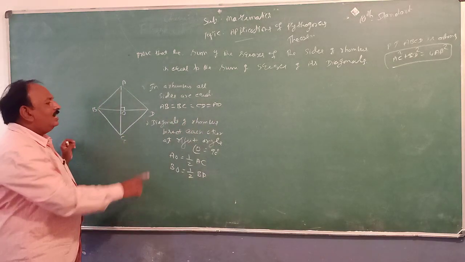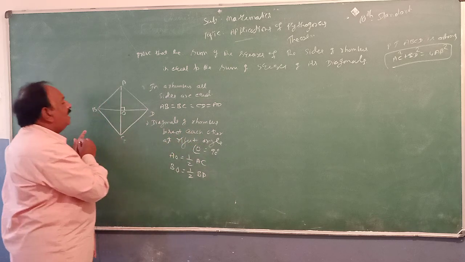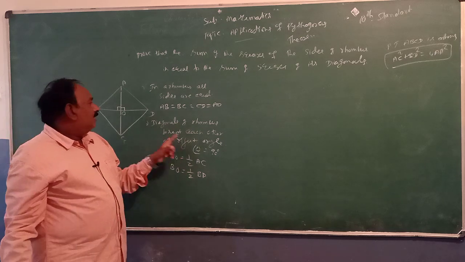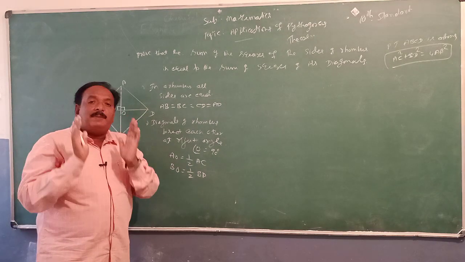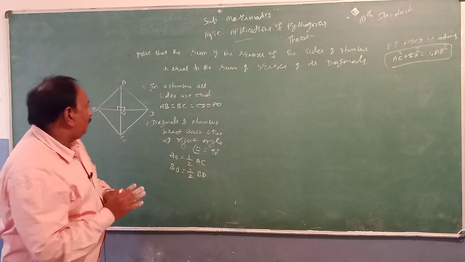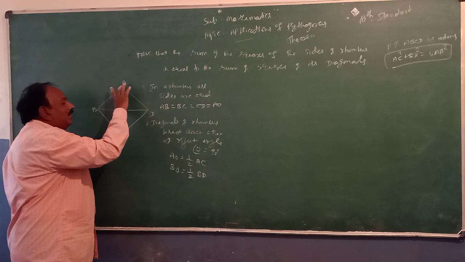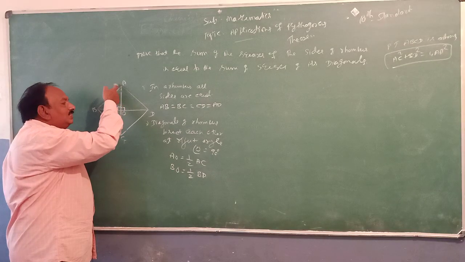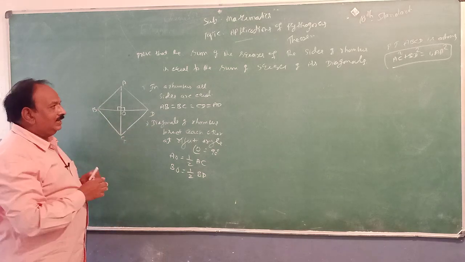Second property: diagonals of the rhombus bisect each other at right angle, meaning angle O is equal to 90 degrees. Bisect means cut into two equal parts. So the total AC is cut into two equal parts, AO is equal to OC. It means AO is equal to half of AC, BO is equal to half of BD.